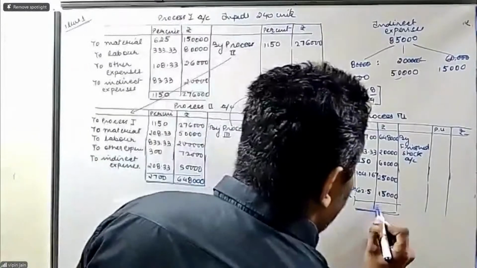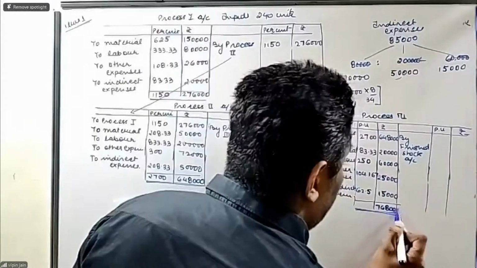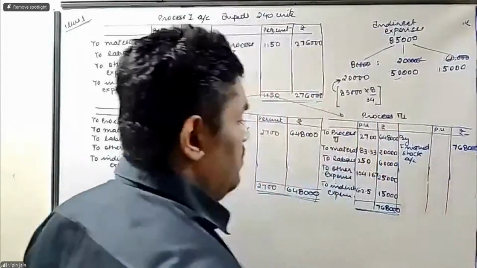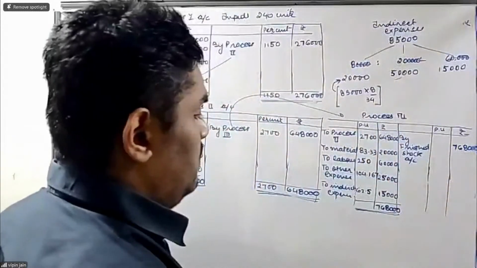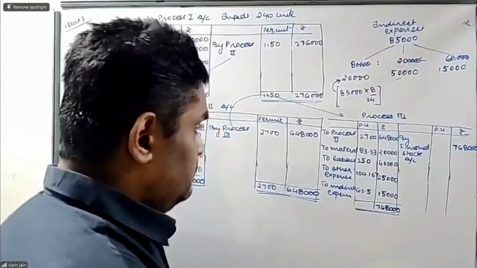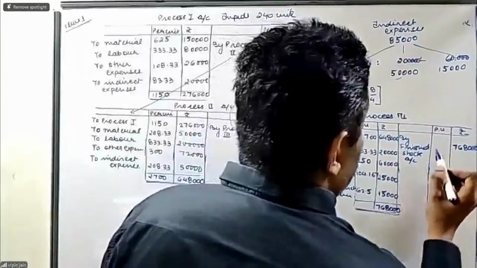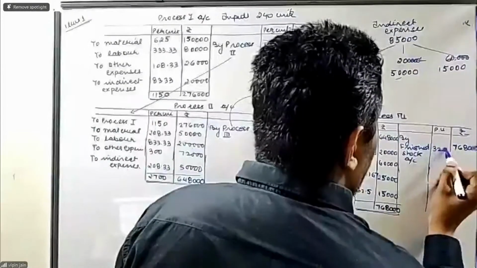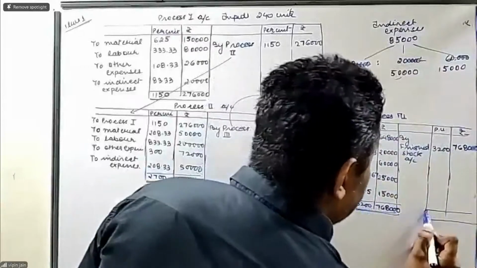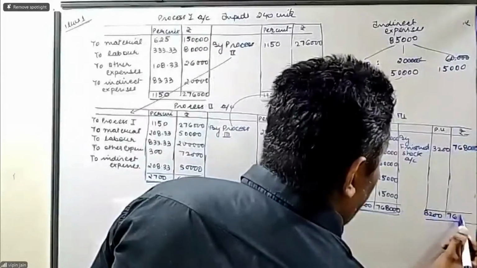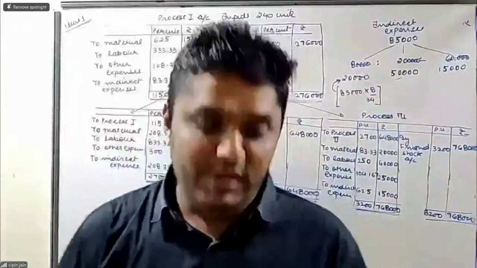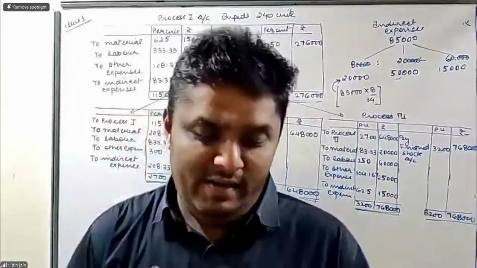So this will be 7,68,000. So this is how the basic process account is to be prepared.